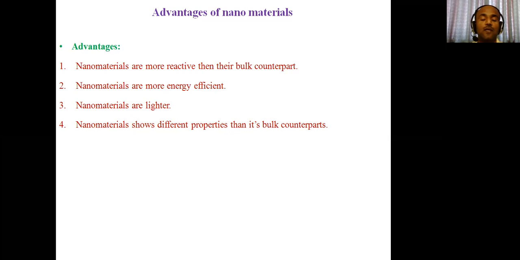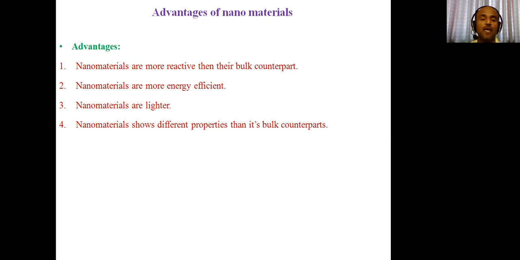There are very important, various advantages of nanomaterials. First, nanomaterials are more reactive than their bulk counterpart, and that is due to the increase in surface area. Due to the increase in surface area, there is more interaction around the surface of the molecule.